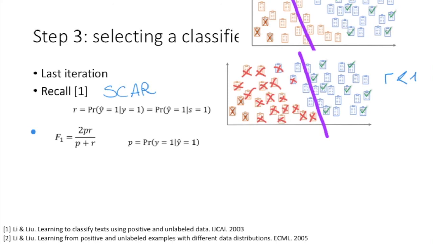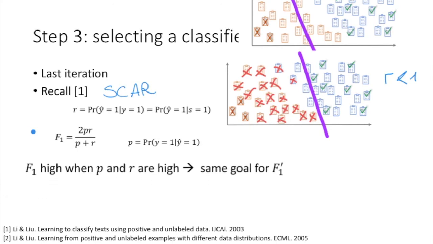The problem is that although we can calculate the recall using the labeled data, we cannot do this with the precision. This does not translate. So as an alternative for this, there was looked for a score that has the same goal, and what they came up with was this score. You can see that similarly as the F1 score, it's focusing on a high precision and a high recall. But now the sum of precision and recall is replaced by the probability of the class being positive.